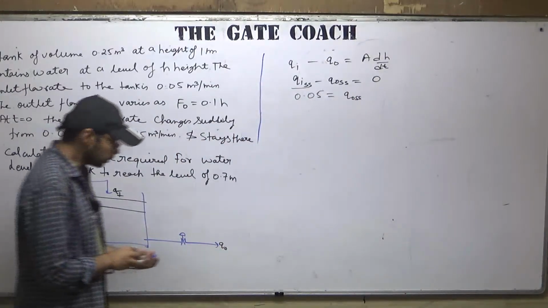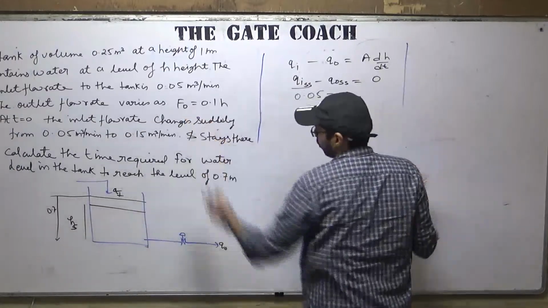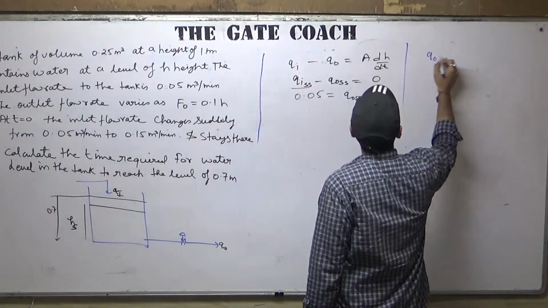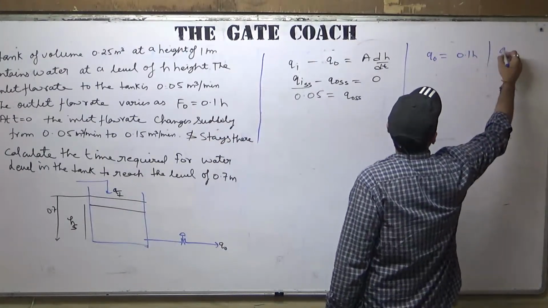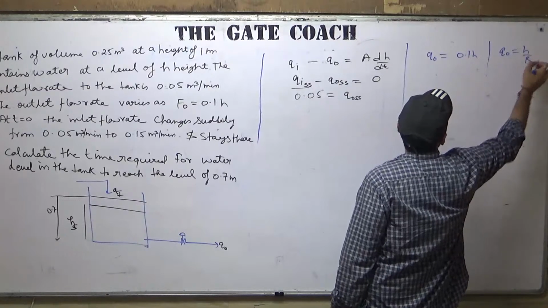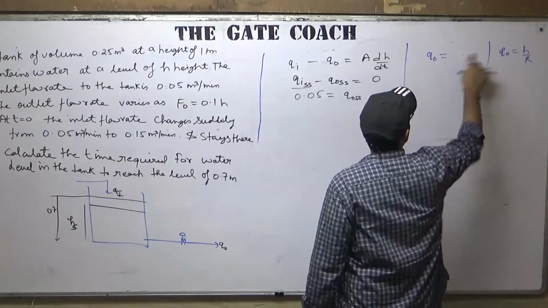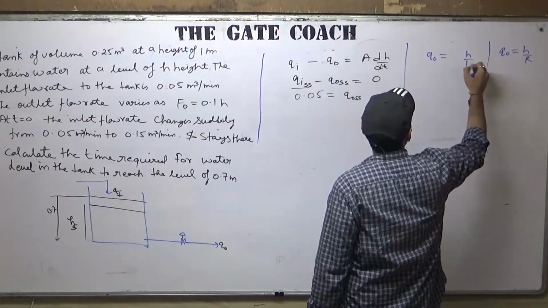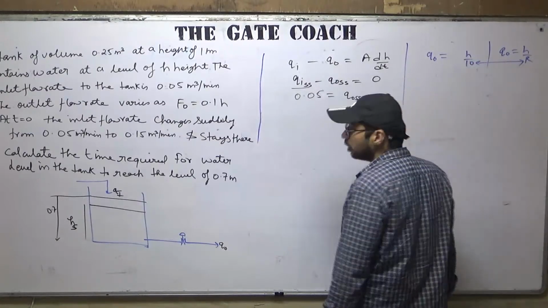We know for sure that f naught, or you can say q naught, equals 0.1 h, and we know that q naught equals h by r. So we can convert into this form: h by 10. So this r becomes 10.